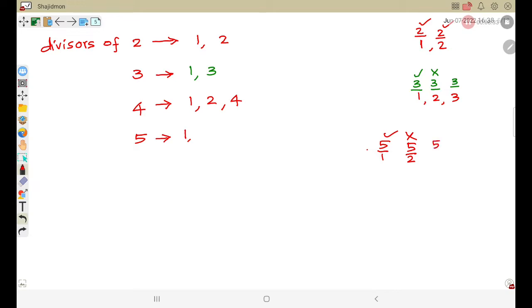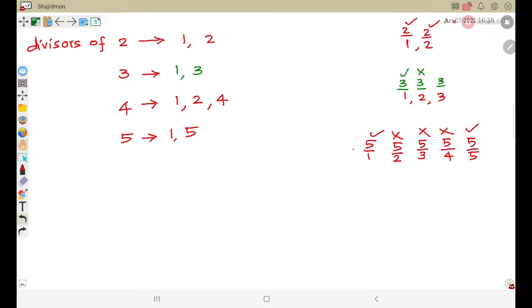Now what about 5 divided by 3? It is not possible, because it is a point number. So 3 is not a divisor. Is it possible 5 divided by 4? Not possible. But 5 divided by 5, it is possible. So 5 is a divisor. So 1 and 5 are the divisors of the number 5. I hope you understood how we are writing.